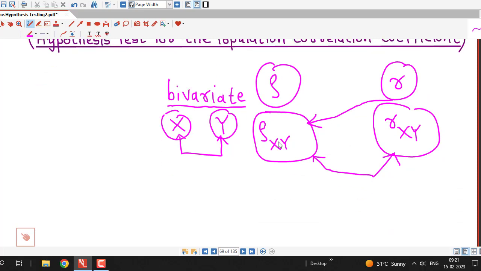Now here we are going to apply the t distribution, and the t test will be applicable for the test statistic.